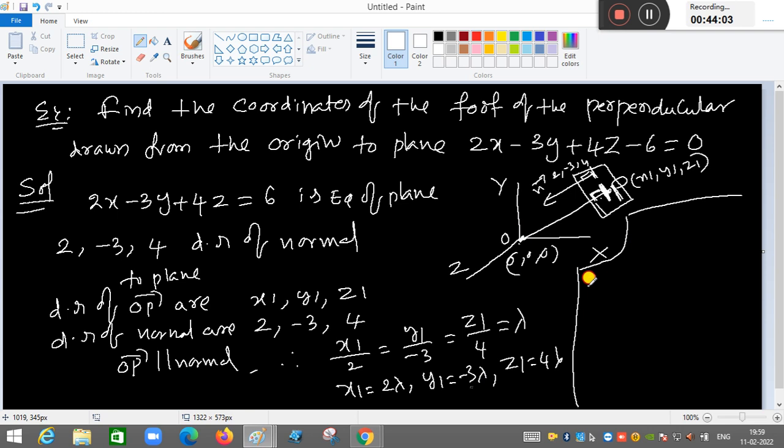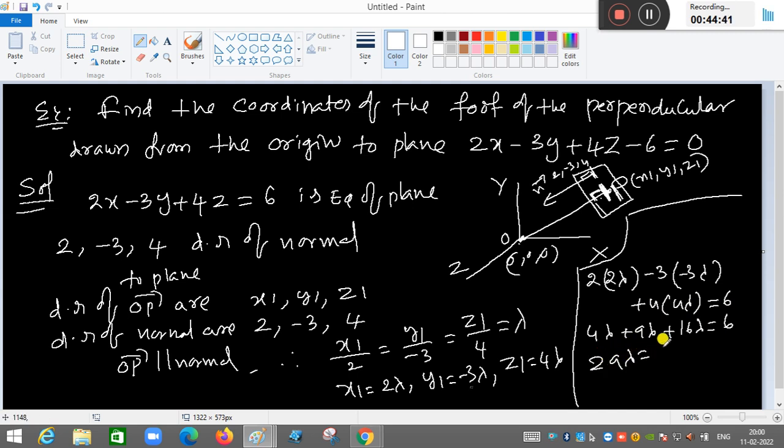In place of x, substitute x1, that is 2 lambda: 2 into 2 lambda minus 3 into -3 lambda plus 4 into 4 lambda, this equal to 6. See here, 4 lambda plus 9 lambda plus 16 lambda equal to 6. How much? 16, 25, 29 lambda. 29 lambda equal to 6. Lambda equal to 6 by 29.